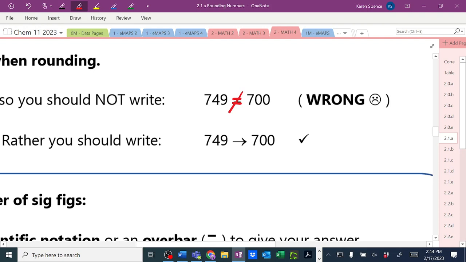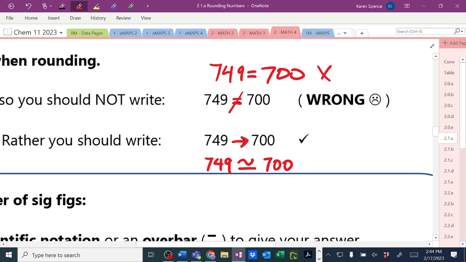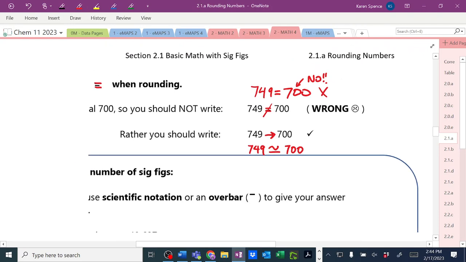You could write 749 and the arrow would mean rounds to 700. Or you could write 749 is approximately equal to 700 if we round it to 1 sig fig, okay? But you would not want to write 749 is equal to 700. That would be wrong. No. Okay?